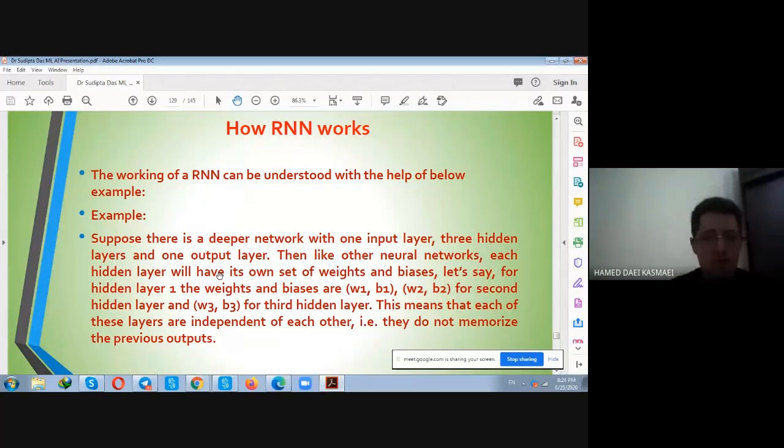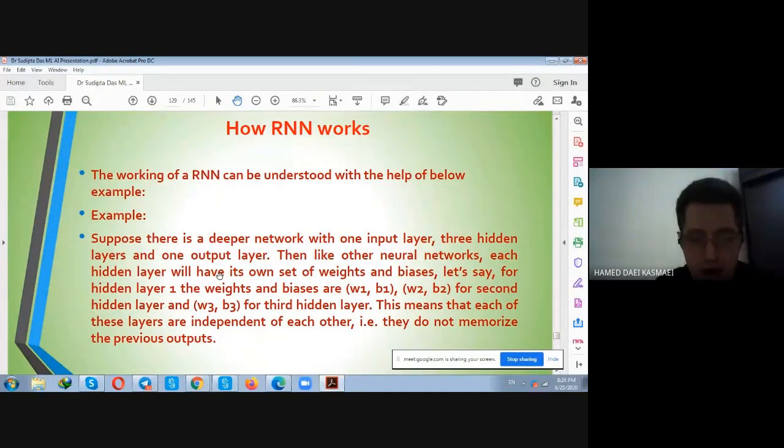Let's say for hidden layer 1, the weights and biases are W1 and B1, weight 1 and bias 1, and W2 and B2, weight 2 and bias 2 for the second hidden layer, and weight 3 and bias 3 for the third hidden layer. This means that each of these layers is independent of the others.